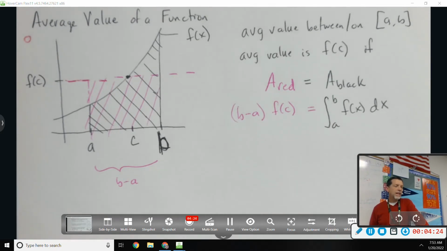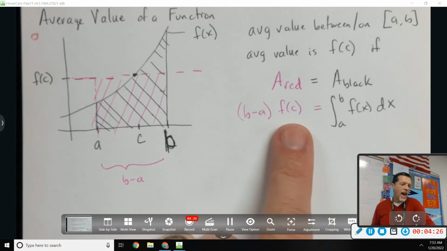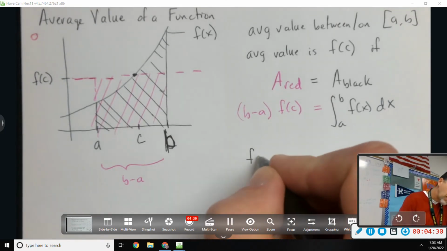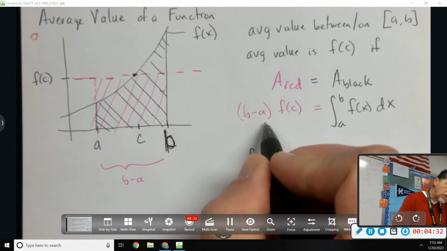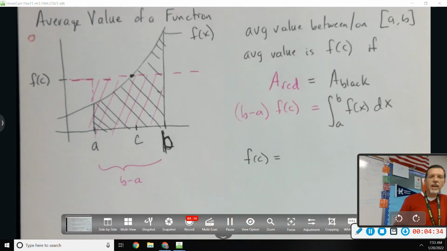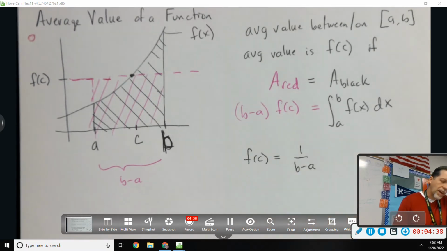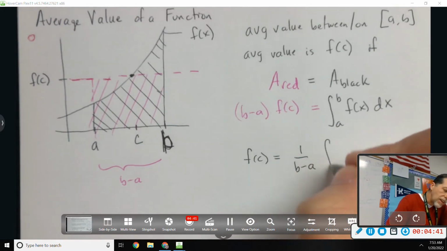And we've already claimed that f of c is the average height. So let's get that by itself. All we need to do is divide by b minus a, although we almost always see it written this way, 1 over b minus a out front, and then the integral from a to b.